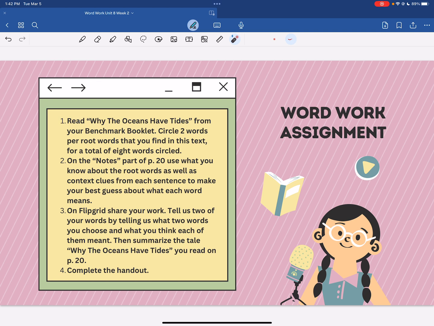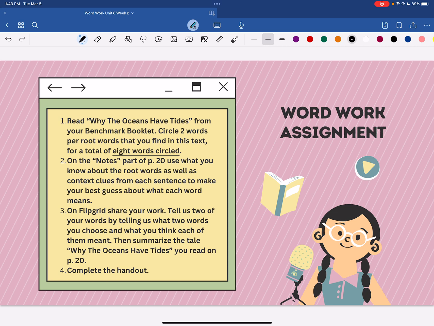So really, your job is to circle 8 words, so that you give me 2 examples of words that have the root words we studied today for a total of 8 words circled total on page 20. So you're going to read Why the Oceans Have Tides and circle 8 words. You should be able to find 2 words that have each root for a total of 8.